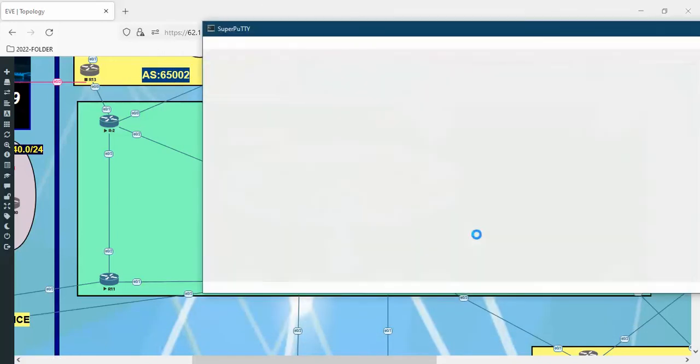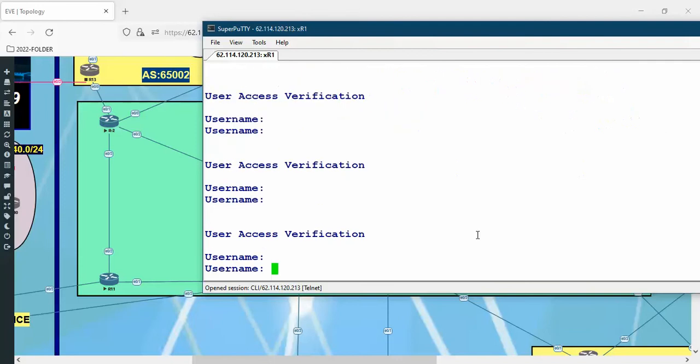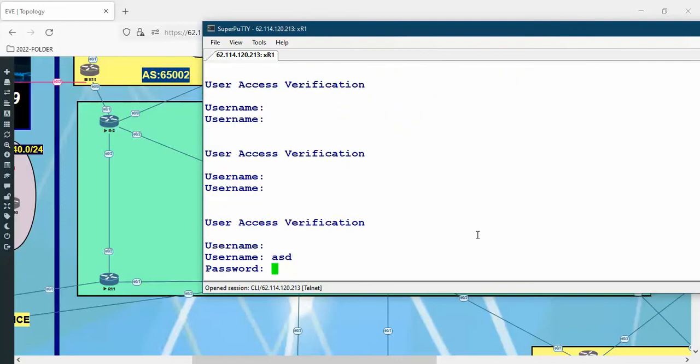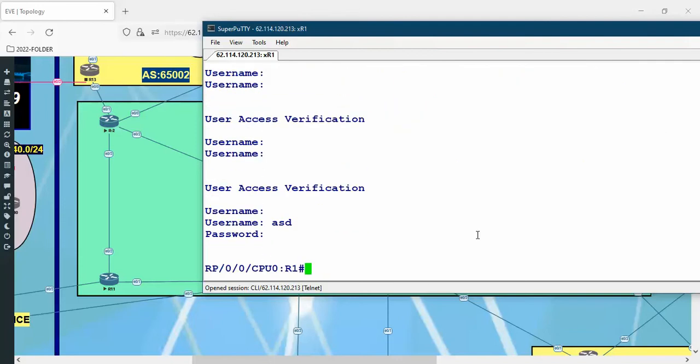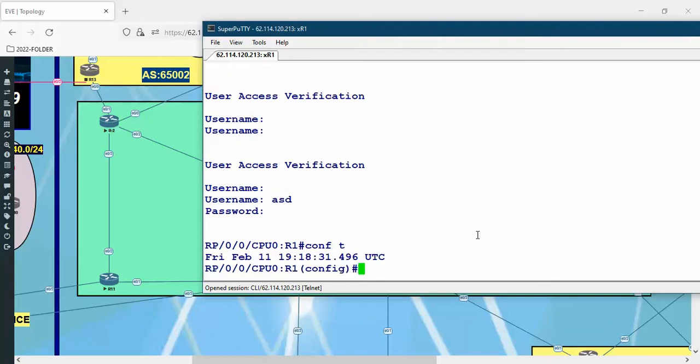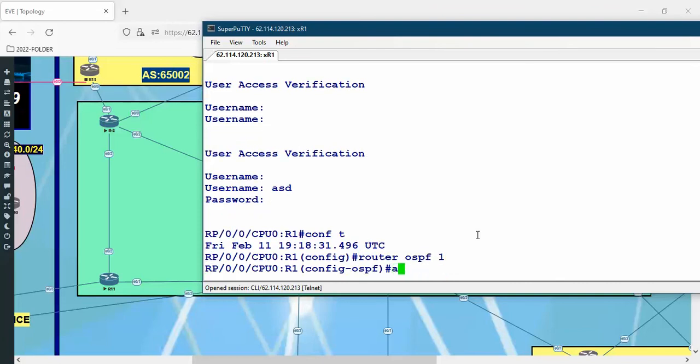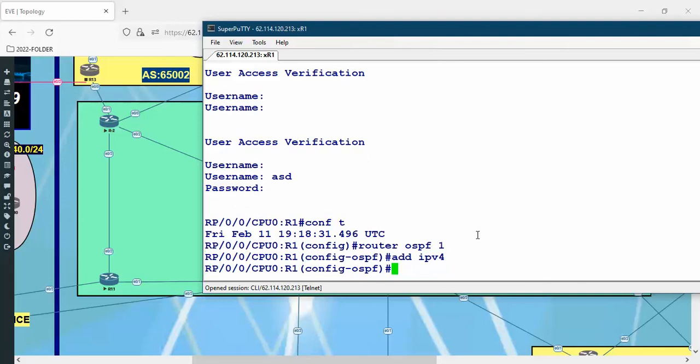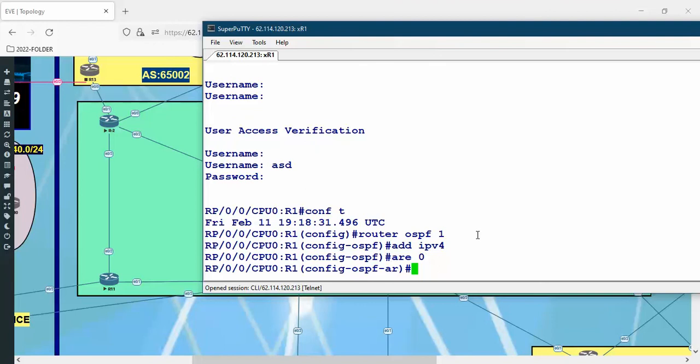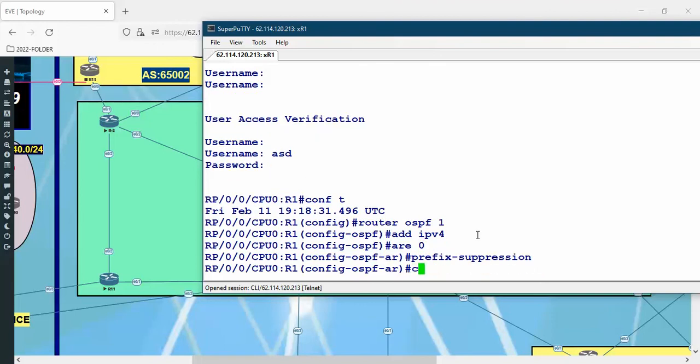Same on router 1. And router OSPF 1. Suppression command.